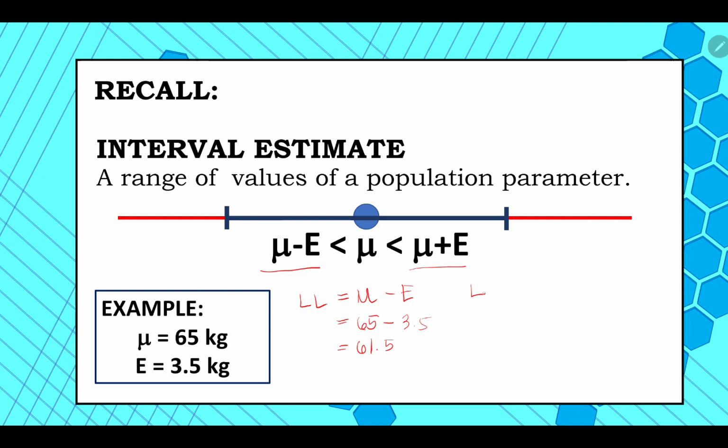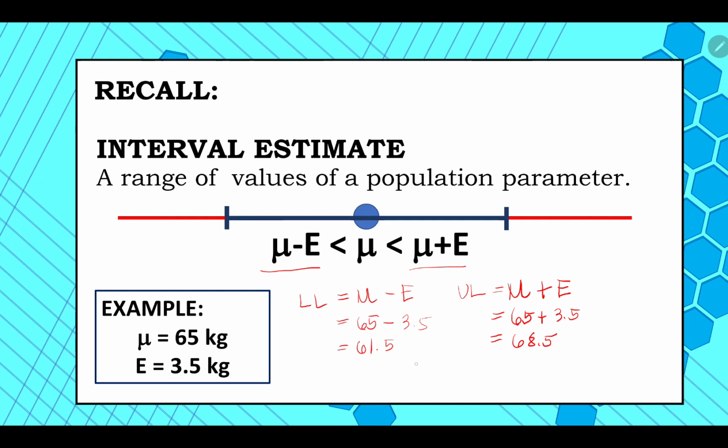On the other hand, our upper limit is equal to the mean plus the margin of error. So that is 65 kilograms plus 3.5 kilograms. Therefore, our upper limit will be 68.5 kilograms.